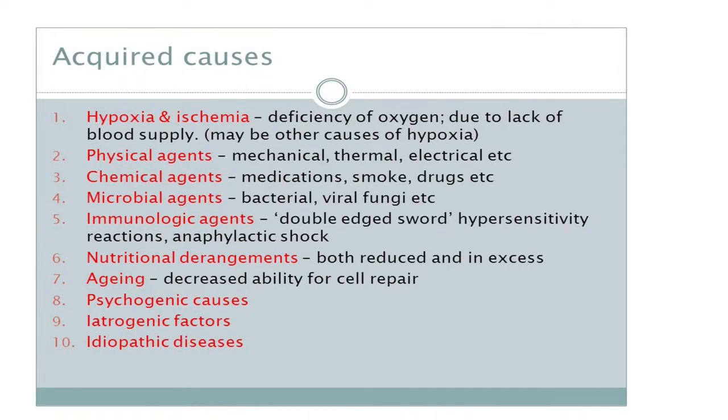If a cell or tissue doesn't have enough oxygen, then we term it as hypoxia or anoxia. But if it comes about as a result of poor blood supply to an area, we term it as ischemia. We know blood contains oxygen, carbon dioxide, other nutrients, and other components of blood: white blood cells, red blood cells, platelets, and all those things.